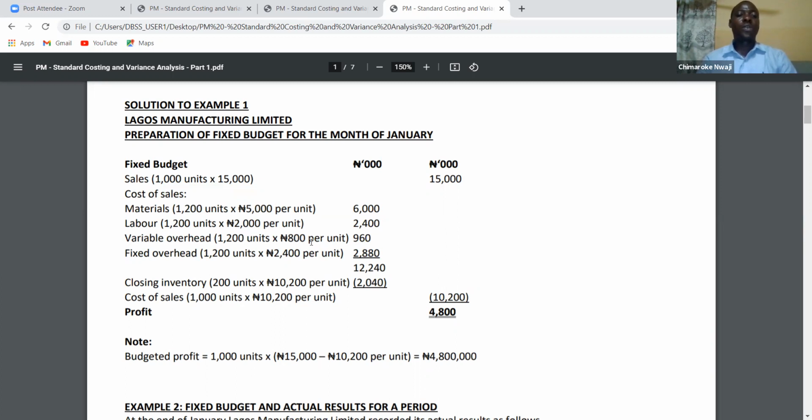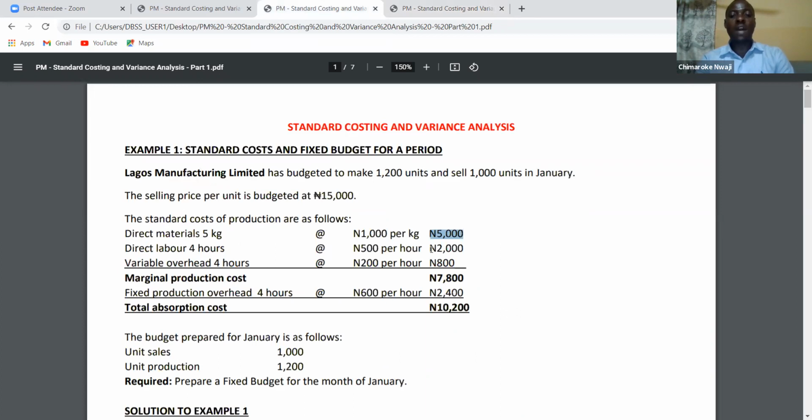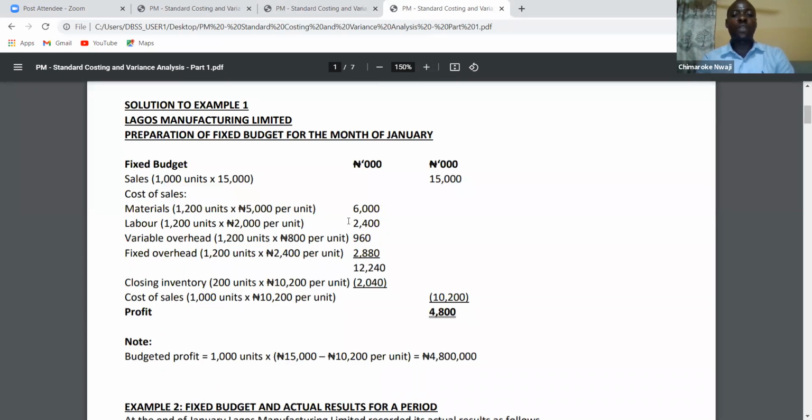Labor, we're still going to do 1,200 units. Labor cost per unit is 2,000 naira. So when we multiply, our labor cost gives us 2,400,000. Variable overheads, 1,200 units multiplied by 800 naira per unit gives us 960,000.